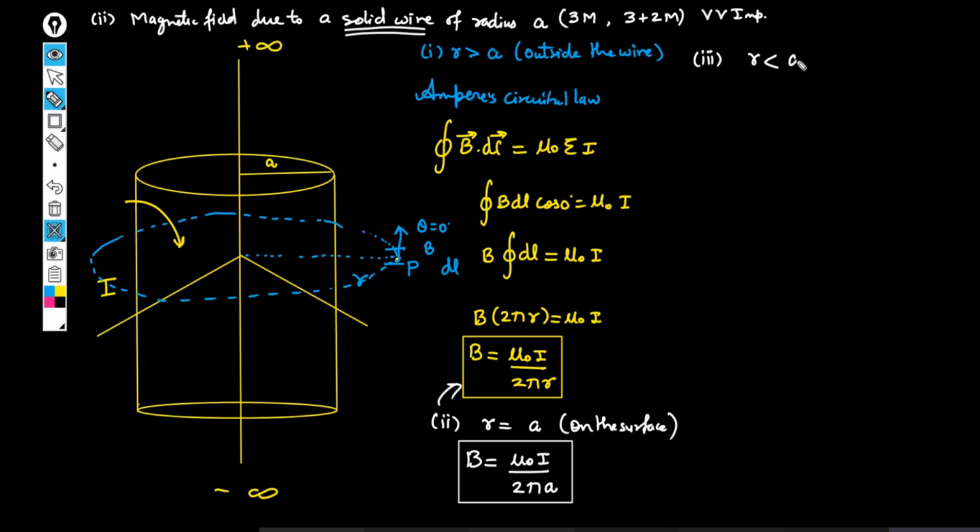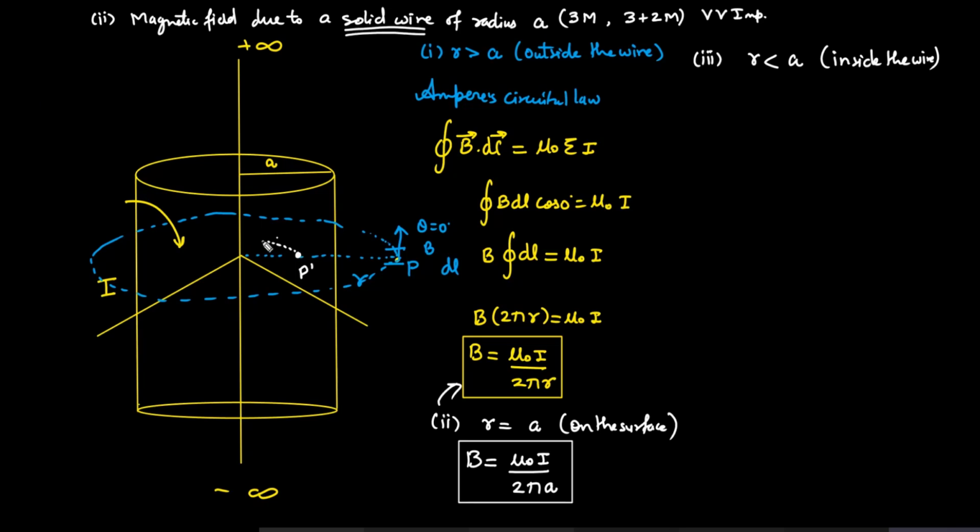r less than a, it means inside the wire. Now in this case, let's say this is the point where I want the magnetic field, let's say it is P dash.